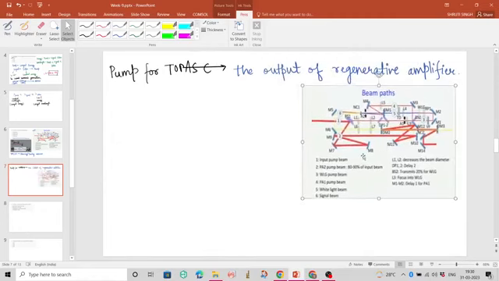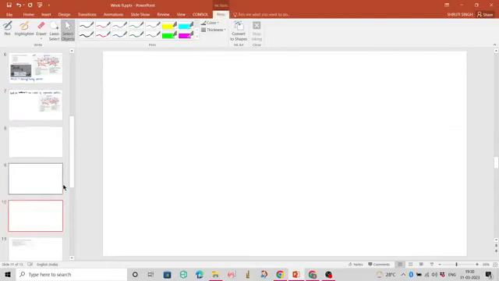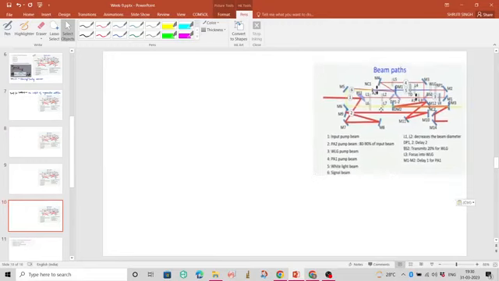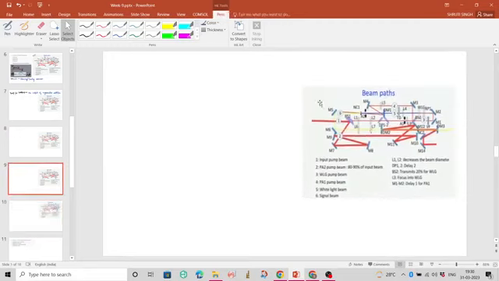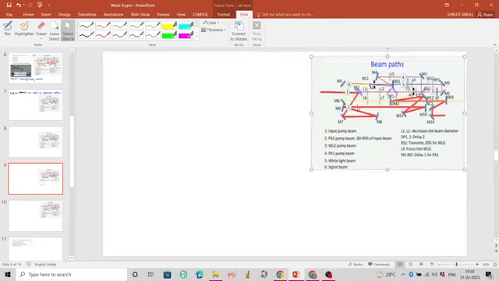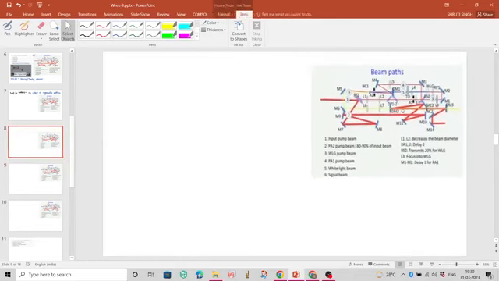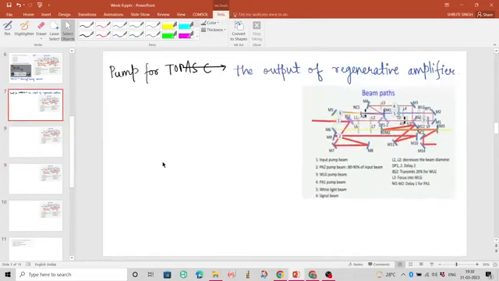Let me keep this figure. It's nice to look at the figure, and then we can discuss the instrumentation better. So let's start from here.